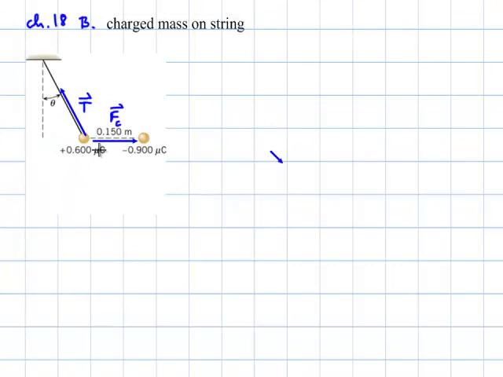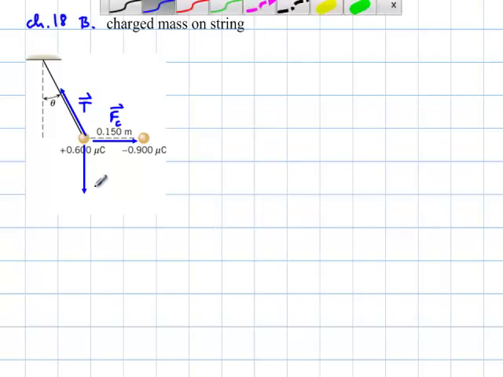There is a third force here, and because it's hanging from a wire, it must be its own weight, so gravity pulling it down. There we go, so FW. And about that T that I wrote there, I'm going to take that back.